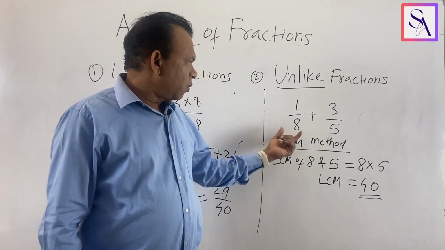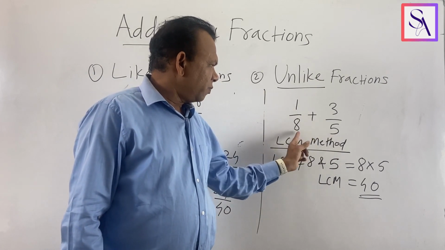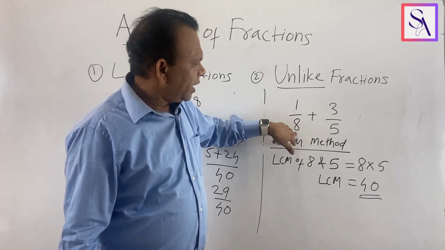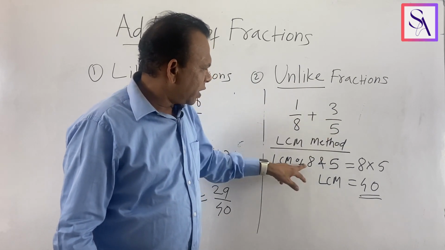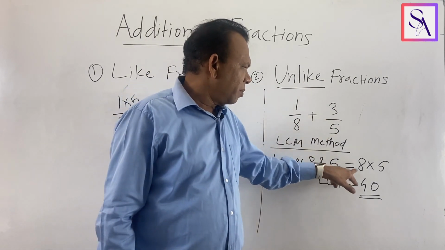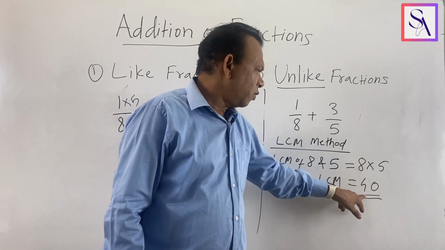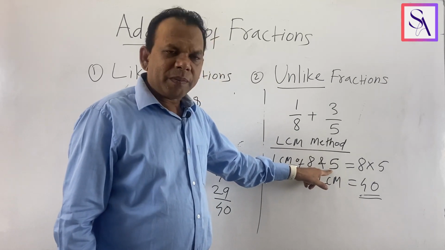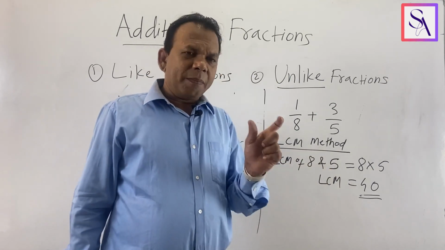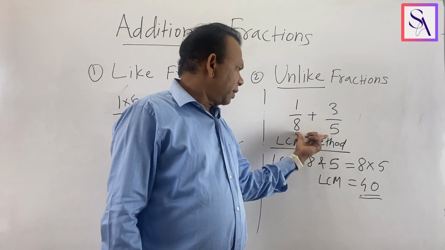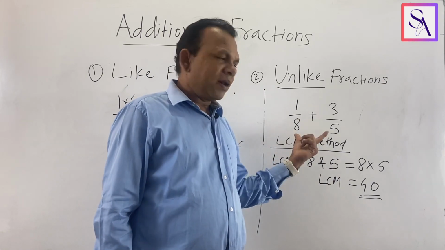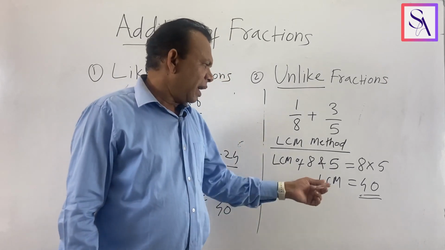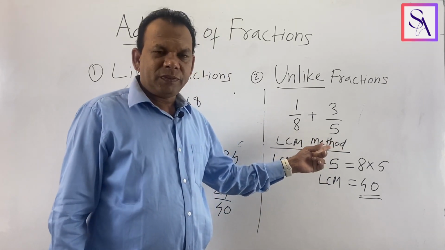So we have to calculate LCM of 8 and 5, only 8 and 5. Forget about this 1 and 3. Just calculate LCM of 8 and 5. LCM of 8 and 5 is nothing but multiplication of this 8 and 5, that is 40. Why are we multiplying? Because 5 is a prime number. So for calculation of LCM, if one number out of these two came prime, then you can directly multiply these two numbers, right?